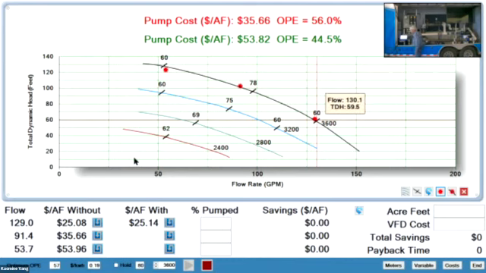All right, we're back basically where we started. Again, with or without the VFD at this full speed point, it's about the same cost, okay? But now I want to match up my flow rate, which is this one right here, with this flow rate right here, and plug that point in, but I want to maintain 60 pounds pressure.